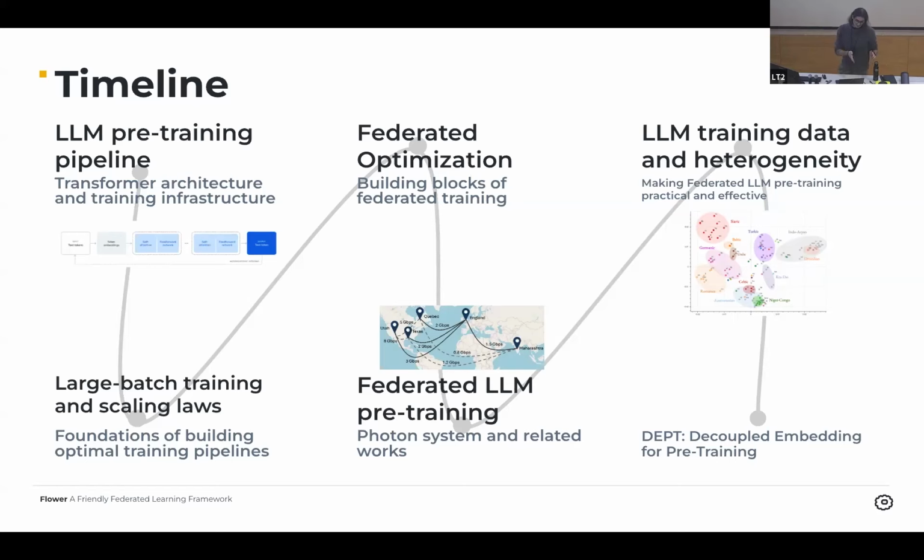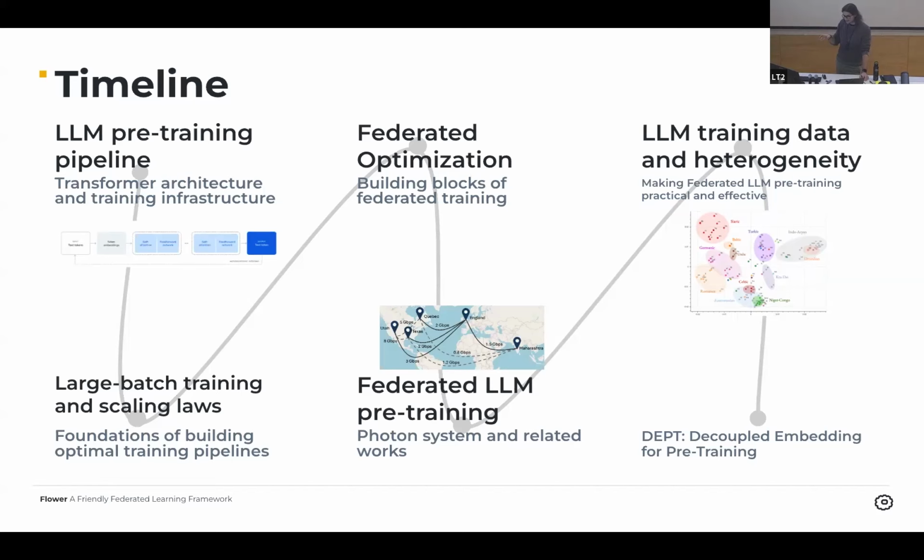In particular, we will focus on large batch training and scaling laws, which are so important when developing state-of-the-art models, as well as being super important to understand what the capabilities of these models were from the beginning. We will have a small introduction on federated optimization, and this will be useful for understanding our Photon system and why federated learning can help in LLM pre-training.